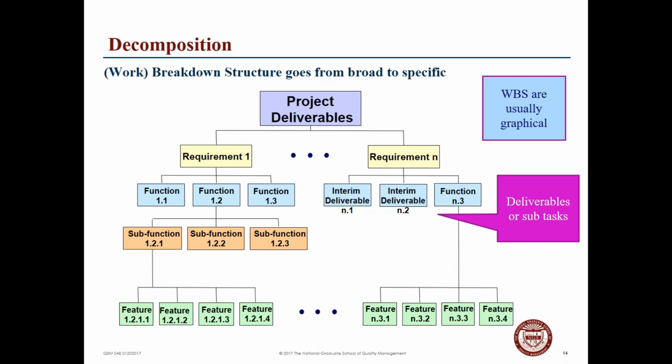At the top here, we're looking at the various deliverables of the project, so whatever that first requirement might be, obtain inventory, then requirement number 2, 3, 4, 5, whatever it might be. And what are the functions that are required to support that first requirement?